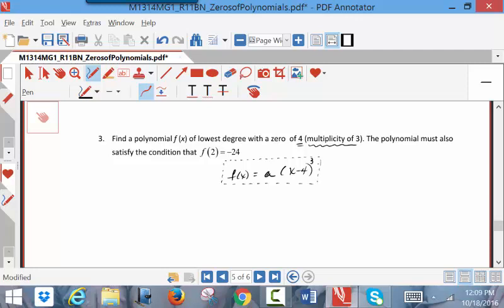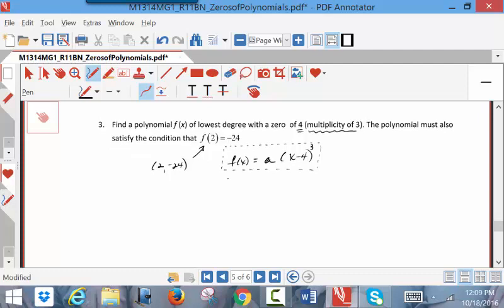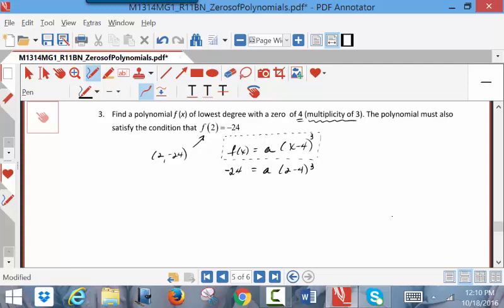but I still have to find A. And to find A, I have to use this last piece of information they give me in the question. So I replace the y value, which is f of x, with the negative 24 and the x with the 2. So this becomes negative 24 equaling A times negative 2 cubed.